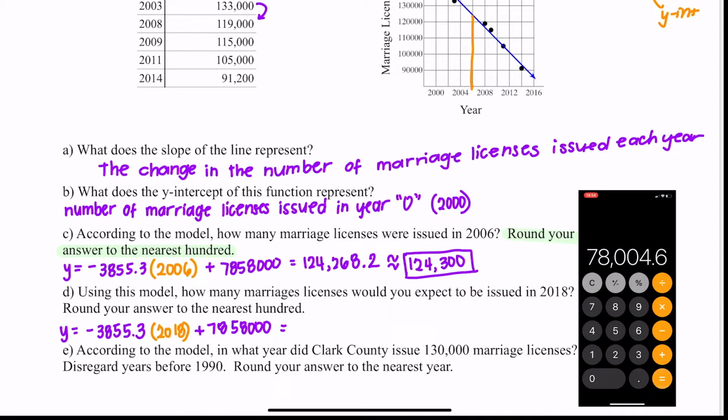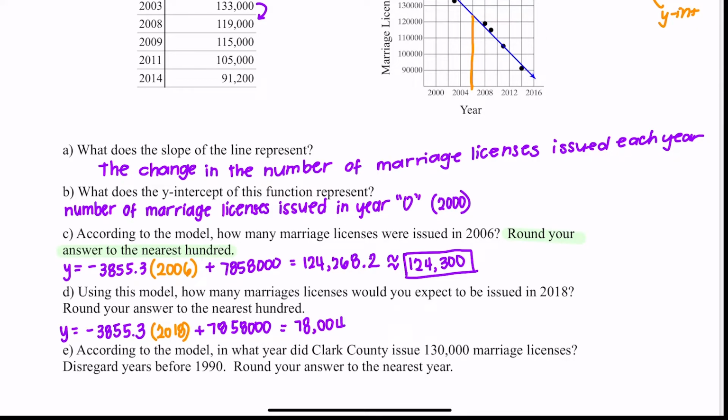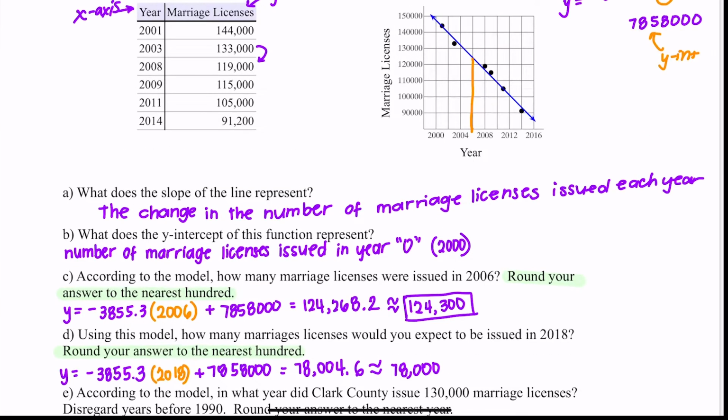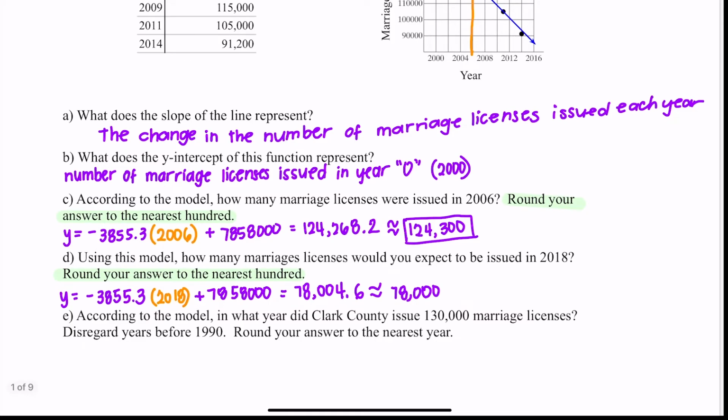It's going to give us our new y value, which is 78,004.6. Since we are going to round to the nearest 100, it's just going to be 78,000. And I need to remember to put a box around my answer next time.